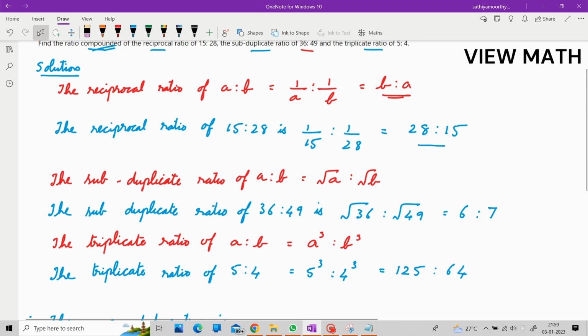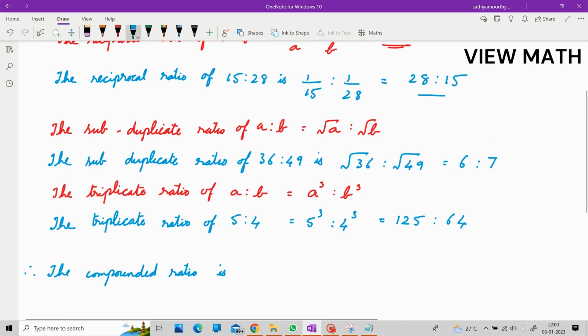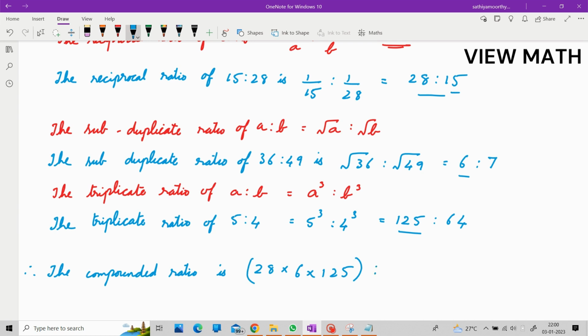So I have to take the compounded ratio is 28 into antecedent 6 into 125 is to, next I have to take the consequent 15 into 7 into 64. So I cannot leave it like this, I have to simplify.